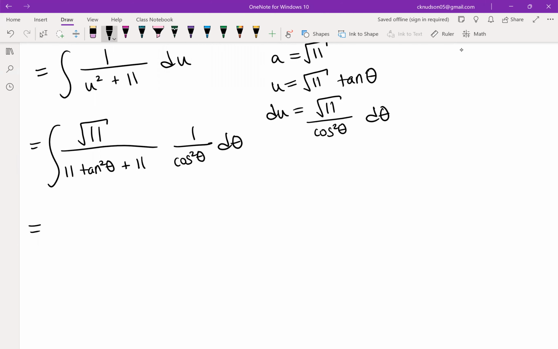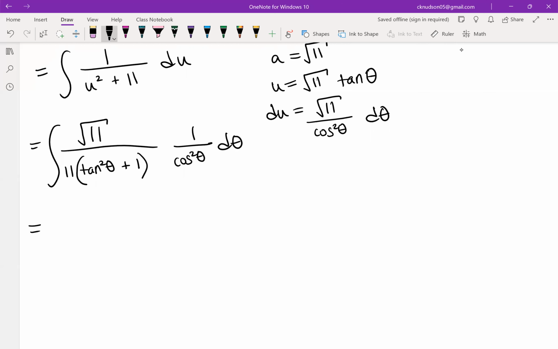At this point, I like to factor out the 11. So here in our denominator, we have 11s showing up in 2 places. Let's go ahead and factor out the 11. So our denominator becomes 11 times tan squared of theta plus 1.